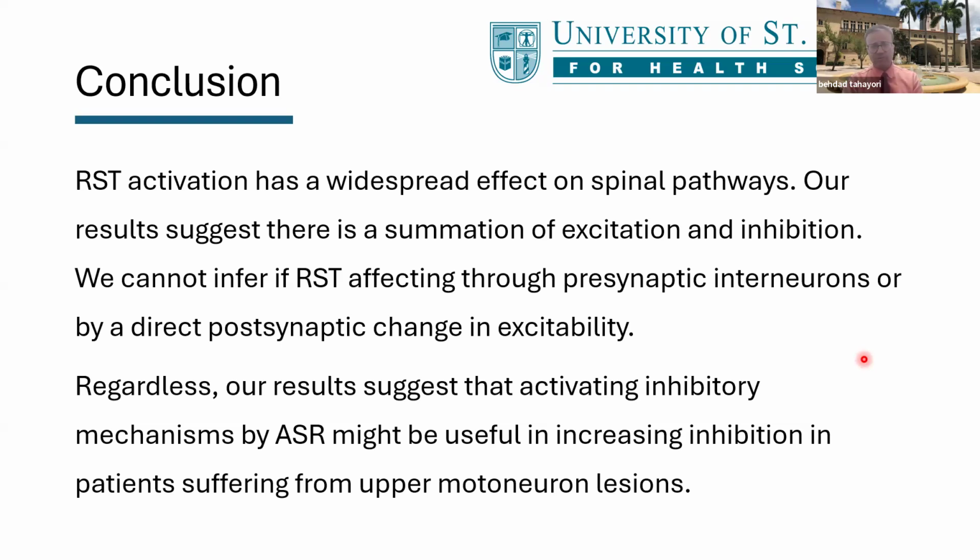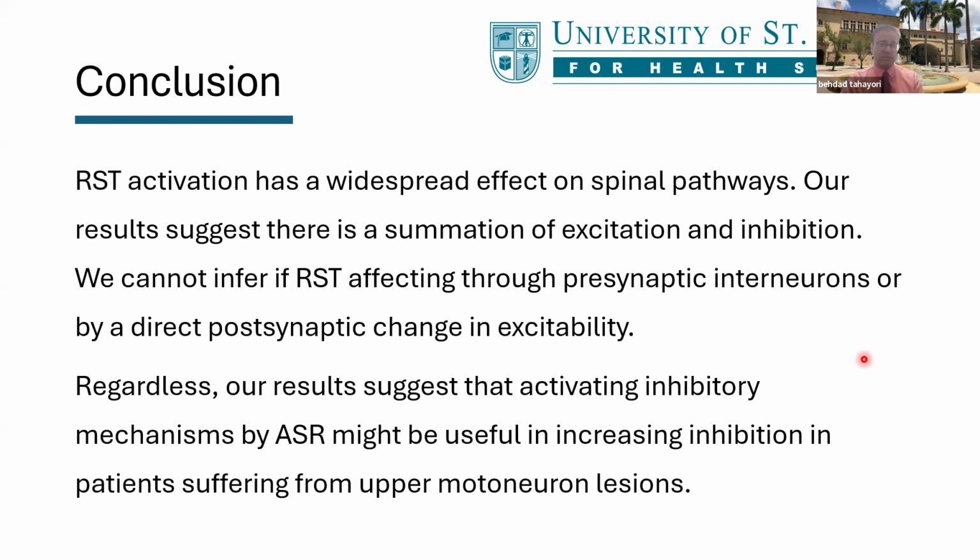Now, finally, if we can show that activation of the RST is not always a facilitatory mechanism to increase the H-reflex, you can use it indirectly on the inhibitory mechanisms to actually increase the inhibition. That might be a good treatment option.